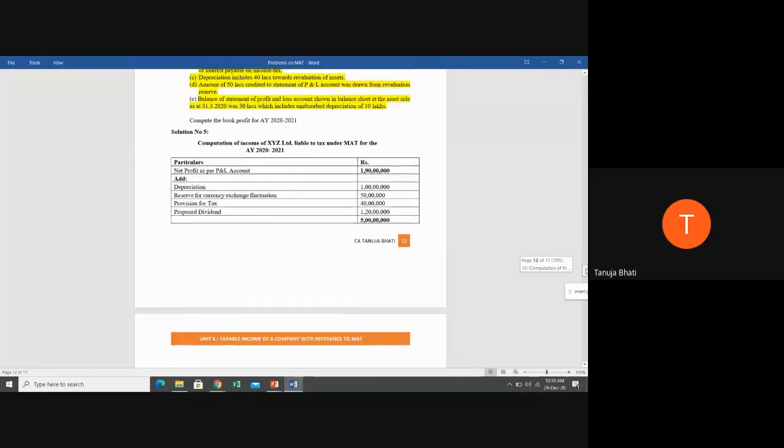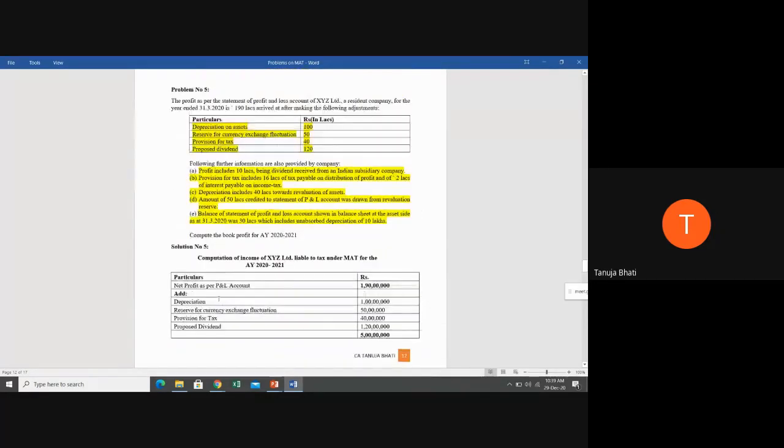So what are we going to do? Whatever we discussed, we are just going to put it in the format again. That is net profit as per P&L account 190 lakhs. Add depreciation, reserve for currency exchange fluctuation, provision for tax, proposed dividend.